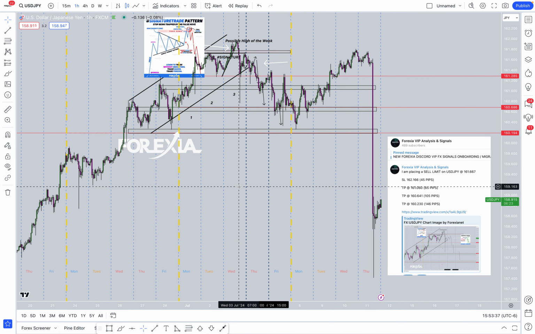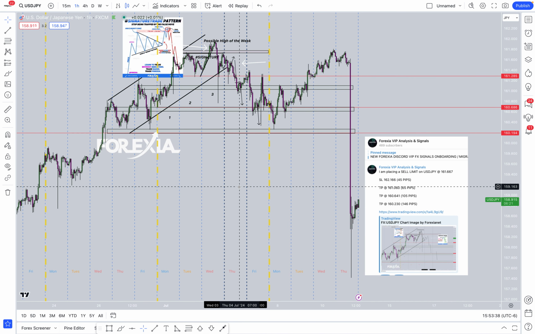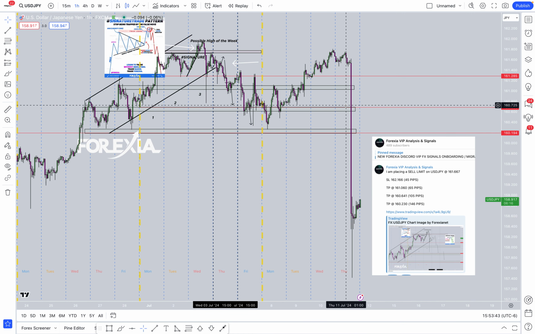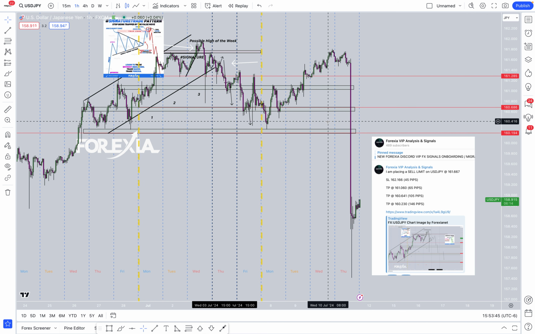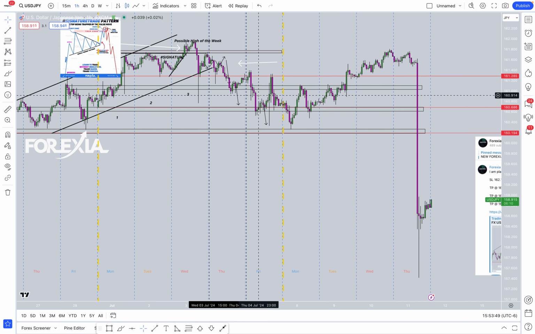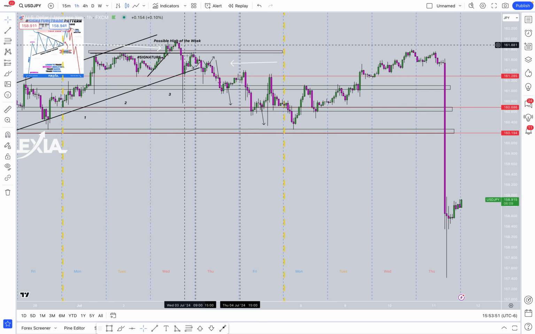So here was the analysis on live data, and we can see our price projection right here. I had incorporated the session timing.